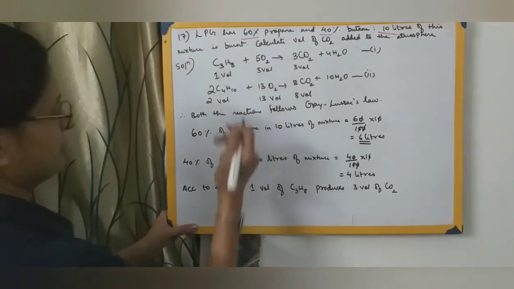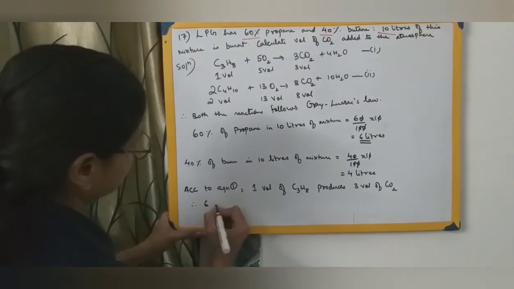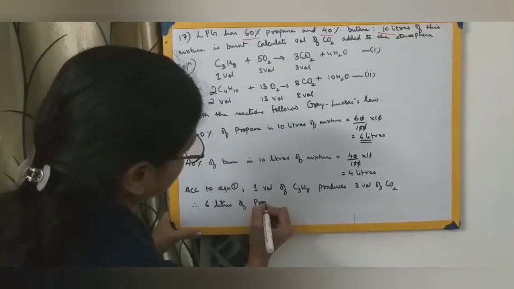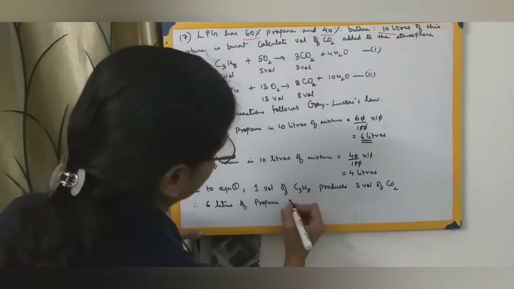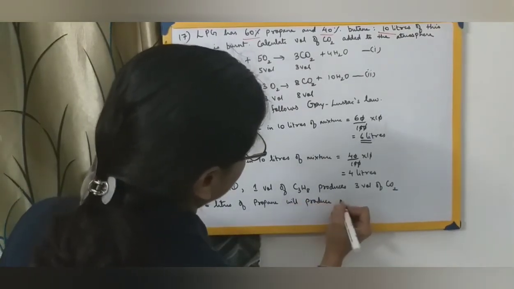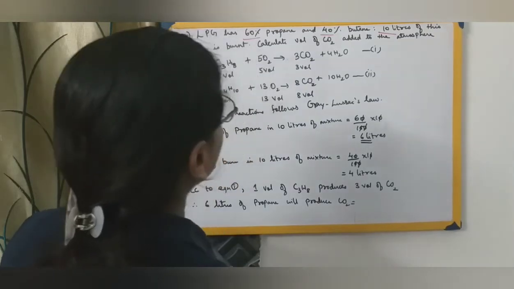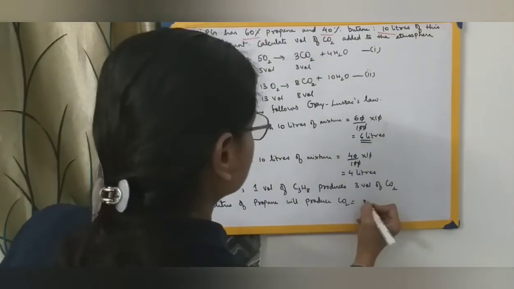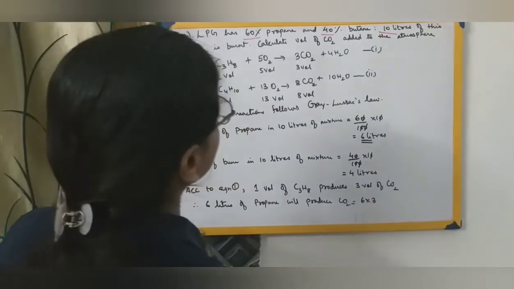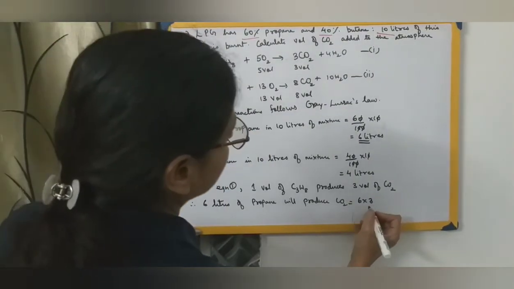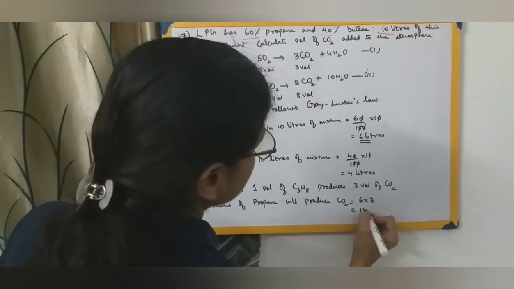Therefore, here it is 6 liters. Therefore, 6 liters of propane will produce CO2, what will it be? 1:3 it is. So 6 into 3, so that will be 18 liters.